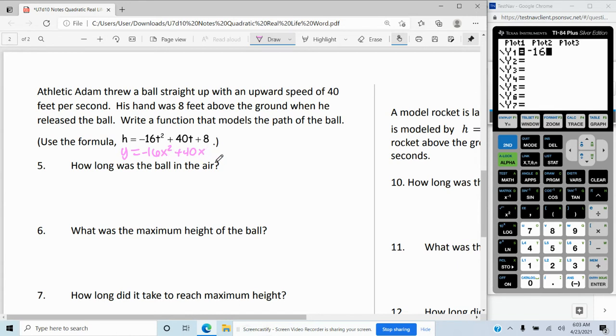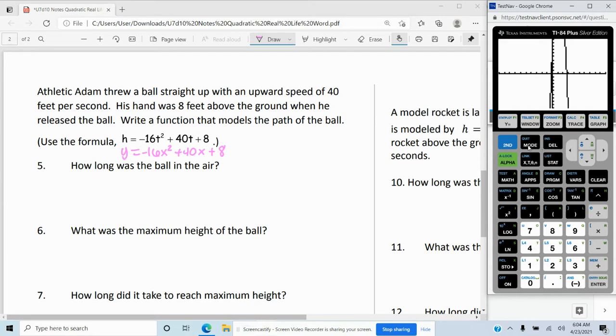Everywhere I have a t, I replace it with x, and everywhere I have an h, I replace it with y. So I'm going to go ahead and type that in. If it's up front, it's a negative, right? Then you have x squared, and you have plus 40x plus 8, okay? And we're going to graph it, and that looks terrible.